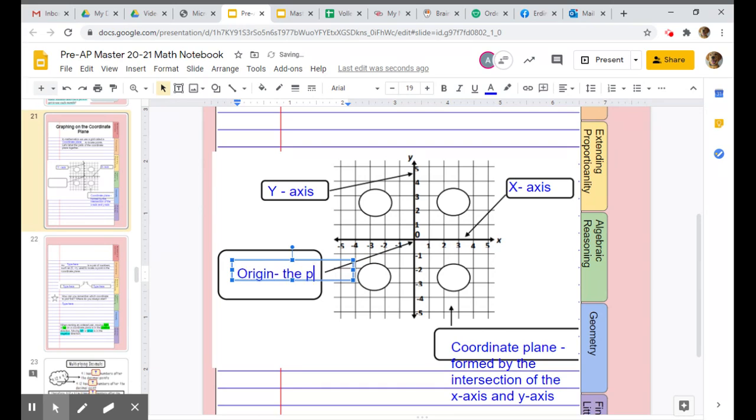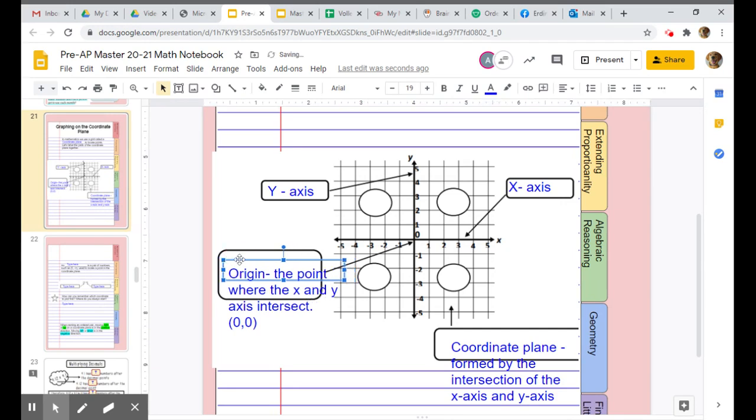This is the point where the x and y axis intersect, and it is a special point that is labeled as 0, 0. So when we label our points on a graph, we label them with the coordinates, the x and the y. So this one would be 0, 0.